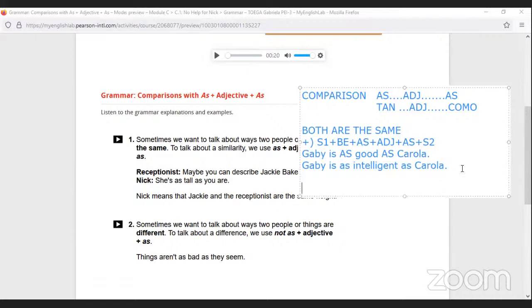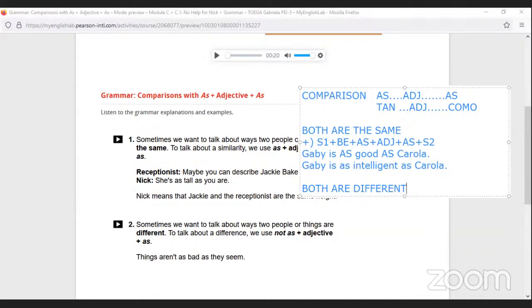But what happens when we use the negative? In negative, we say that both are different.